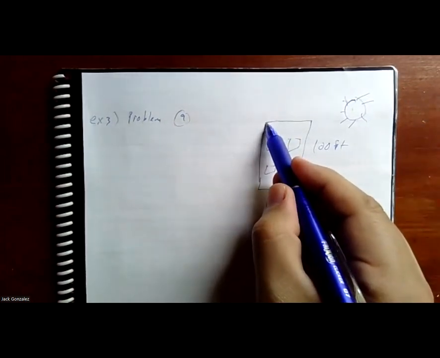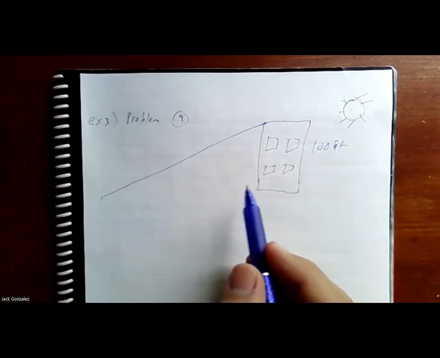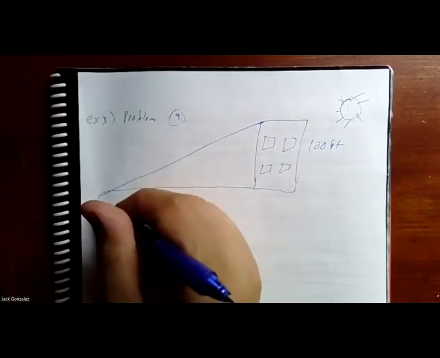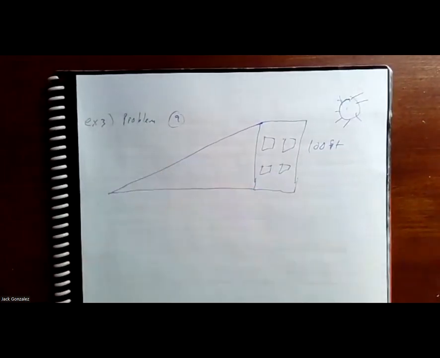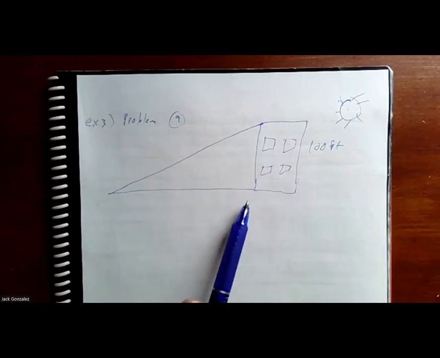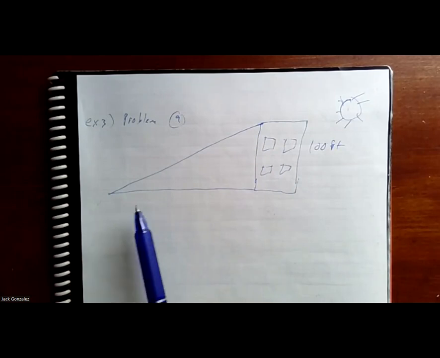So the shadow I'm picturing is going to be a hypotenuse. All right. So the shadow, they want to know the length of the shadow. Well, actually, I think the shadow should be on the ground, right? Obviously, not the hypotenuse.